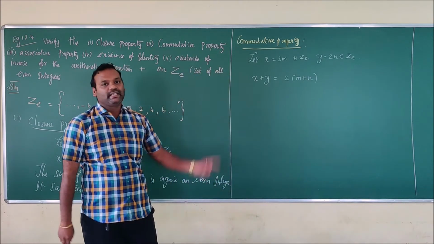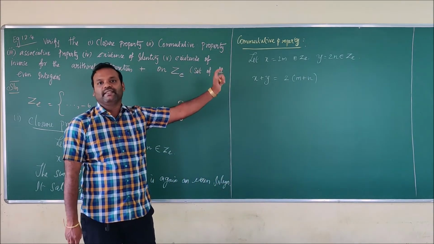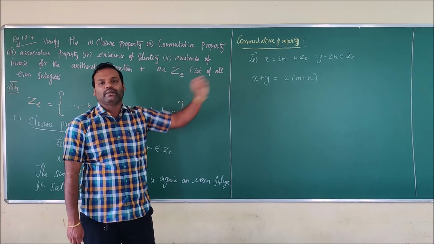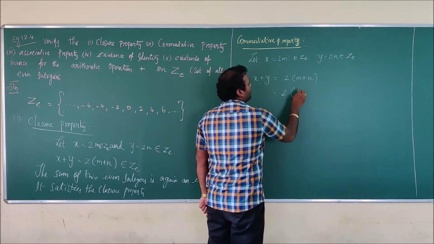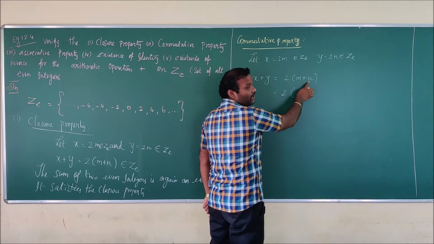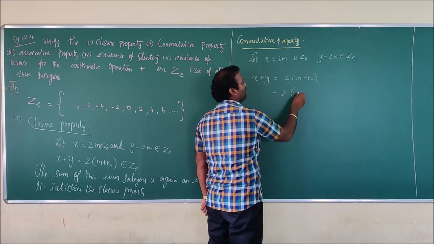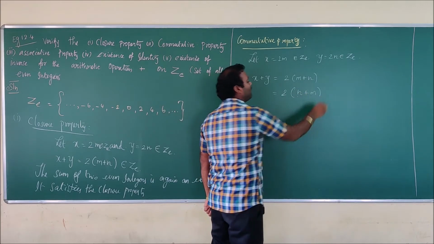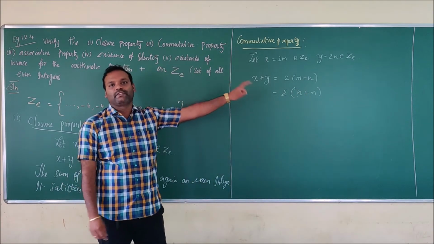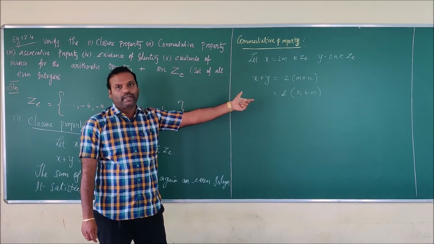When you are adding 2m plus 2n, 2 is in common, we can take it outside, so that you will get m plus n. Since addition of integers is always commutative, one may change the order. So I can write m plus n as n plus m, because 1 plus 2 is the same as 2 plus 1.